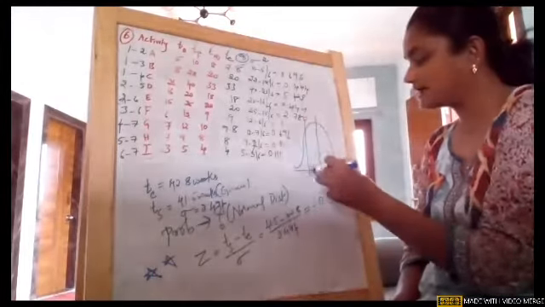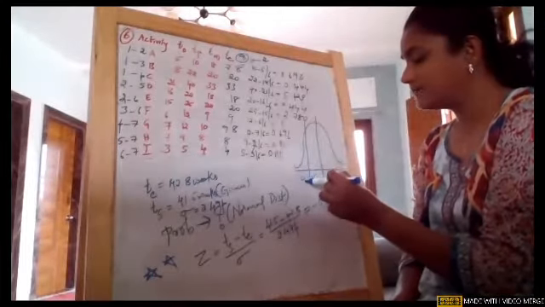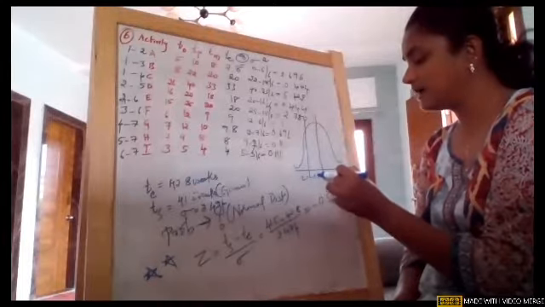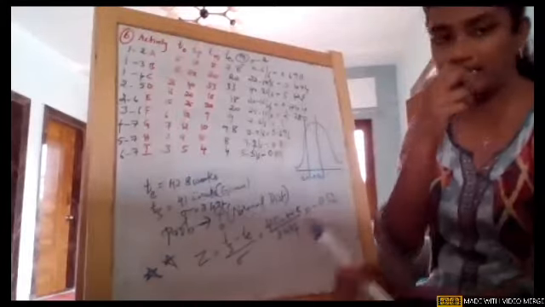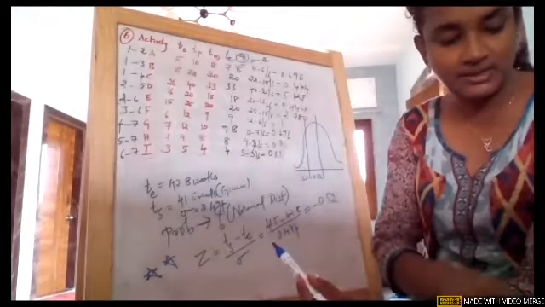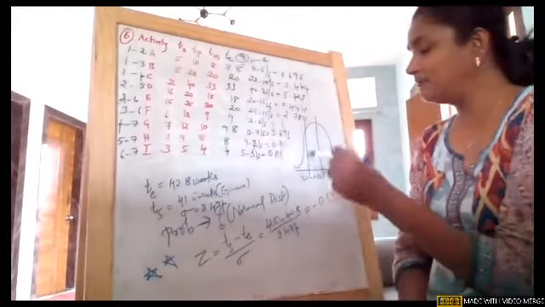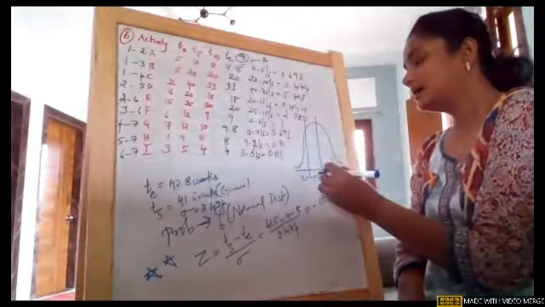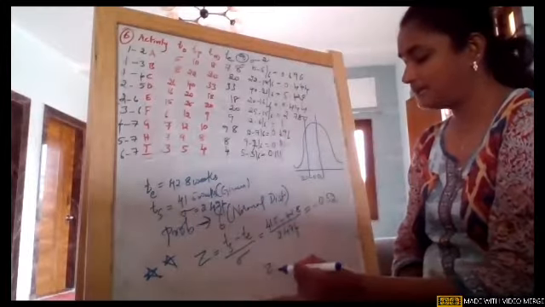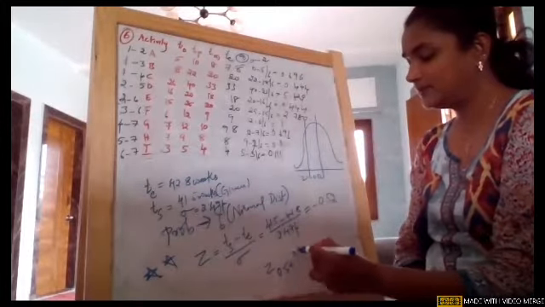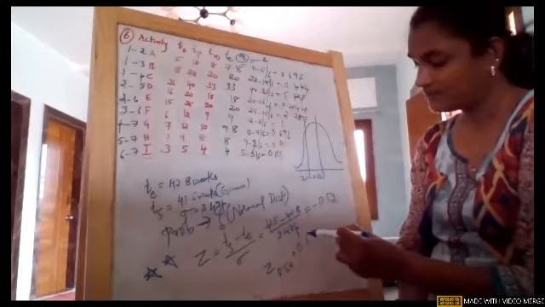So I'm representing z equal to minus 0.52 on the negative axis. And the table value, I'll share the table with you, girls, which I didn't do. The table value at z of 0.52 is 0.1952.